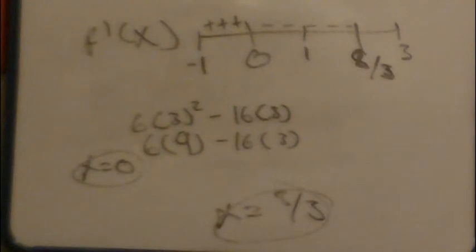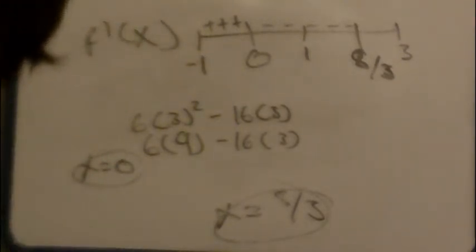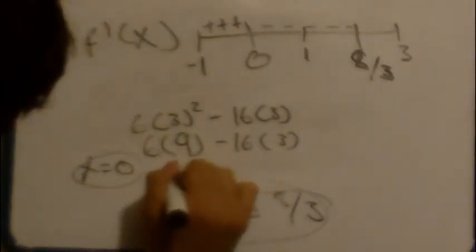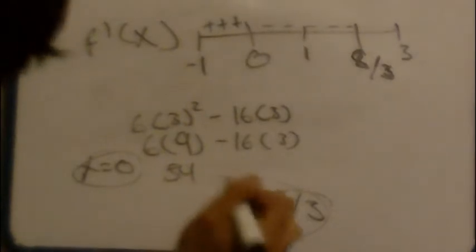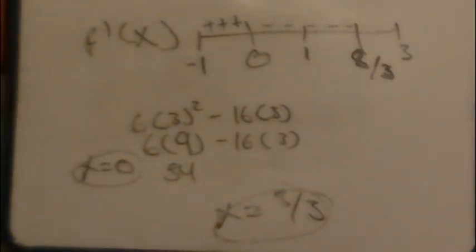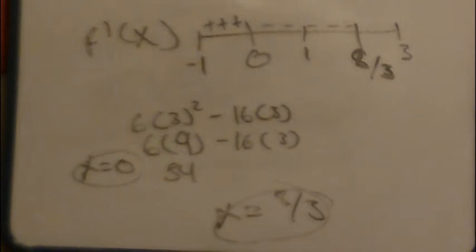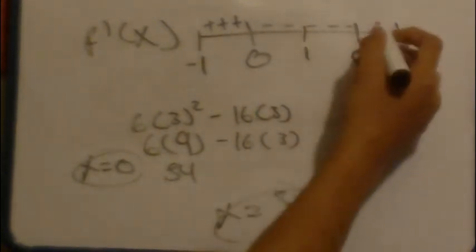Well, I did the math already, and I determined that 6 times 9 is actually greater. It will give you 54. And 16 times 3 will not give you anything close; negative 16 times 3 is not anything of greater value than 54. So it's positive.